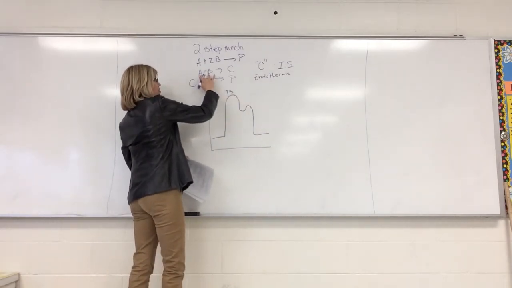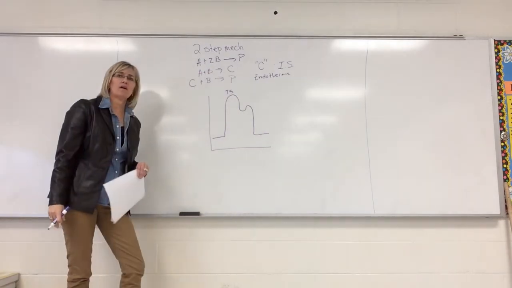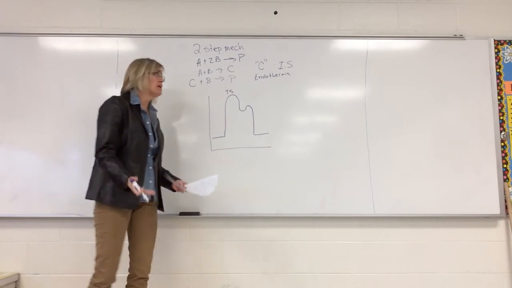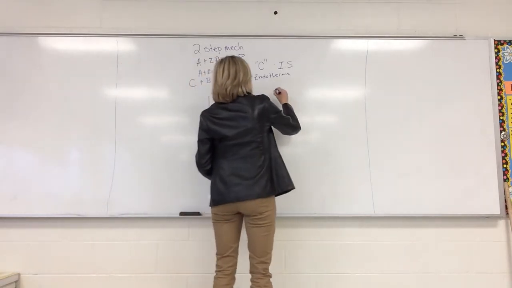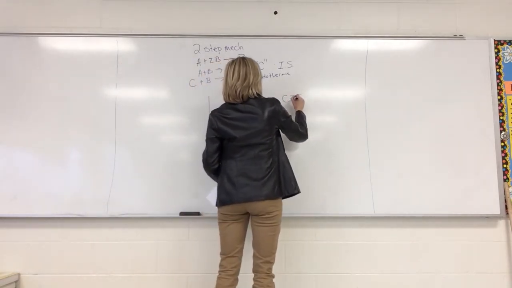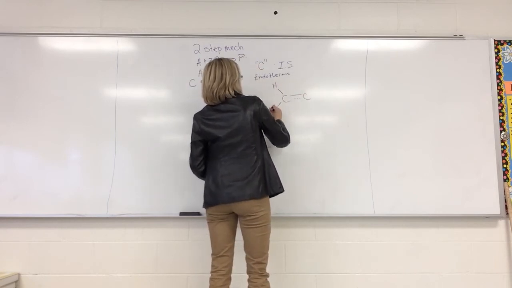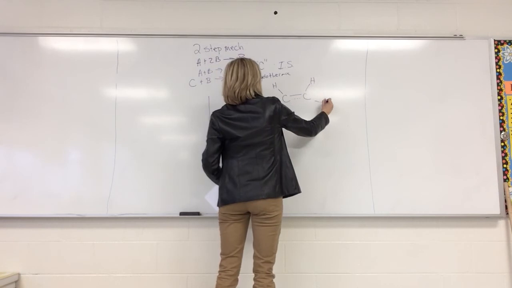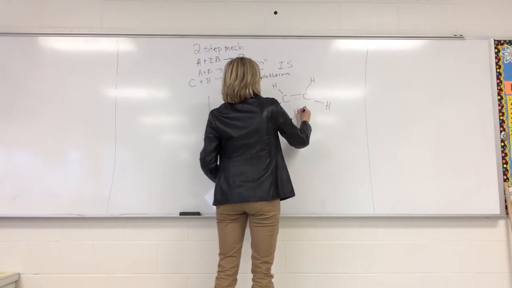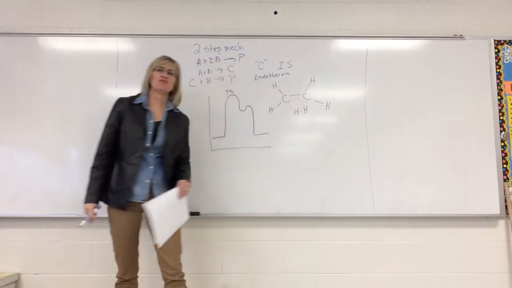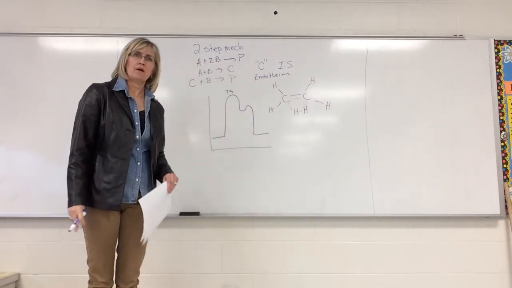This transition where these two are breaking bonds, forming bonds, and in the meantime, let's go back to our ethene. Remember this? Okay, this was our transition state, all right?